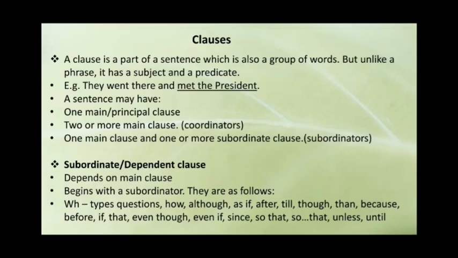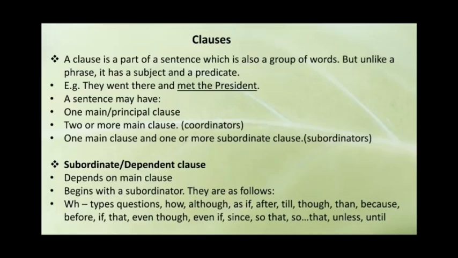It can also have two or more main clauses if the sentence is very long, and it can also have coordinators. It can have one main clause and one or more subordinate clauses. That means one sentence can have one main clause and more than one subordinate clause.